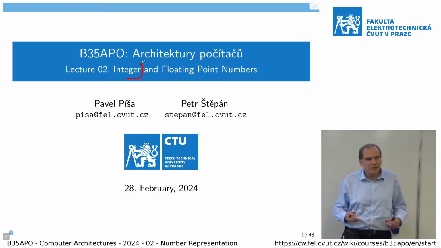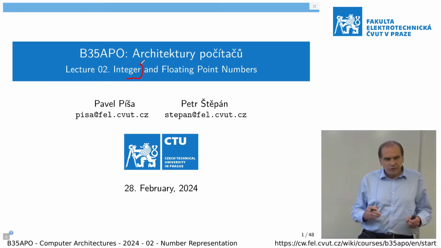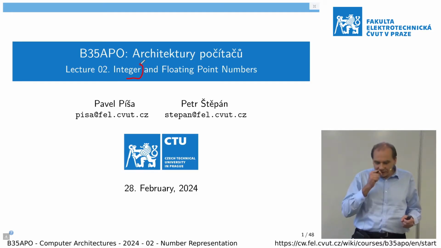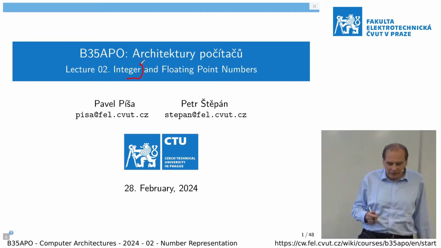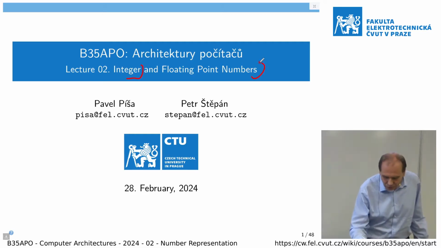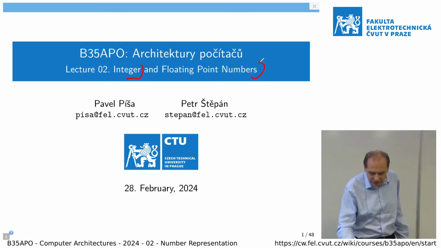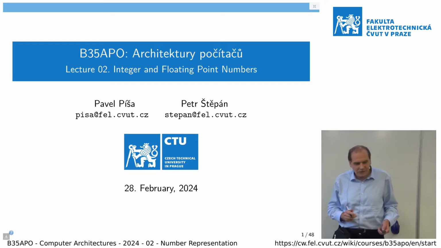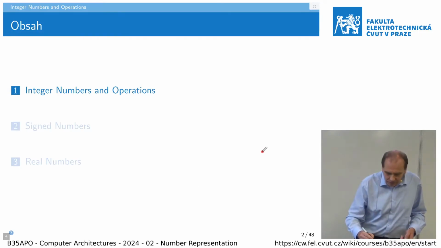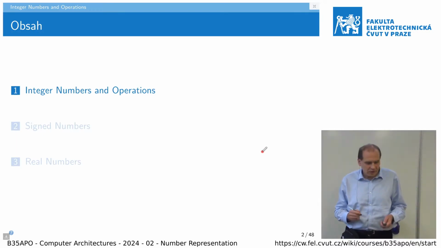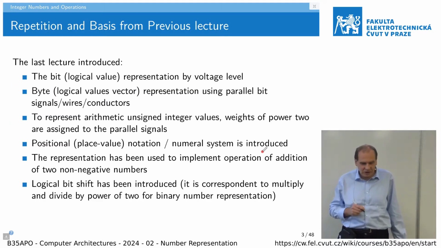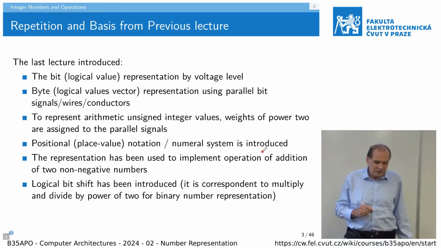We extend it from the simple binary to signed numbers, positive and negative, and then we switch to floating point numbers, and then we follow with the seminar where we will practice working with those number representations and so on.